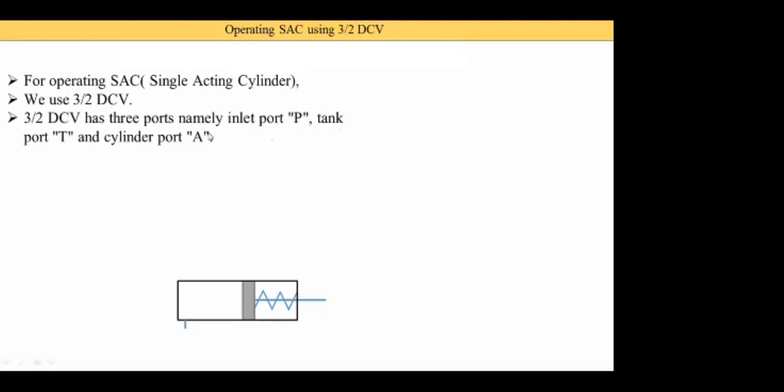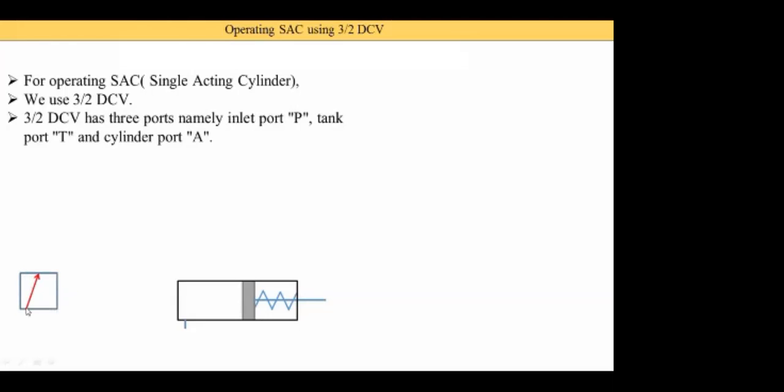And the cylinder port A. One side of the cylinder is called the A port, and if it is a double acting cylinder, then the other side is called the B port. Here you see one square. Inside the square the 3 ports are provided, making one position.